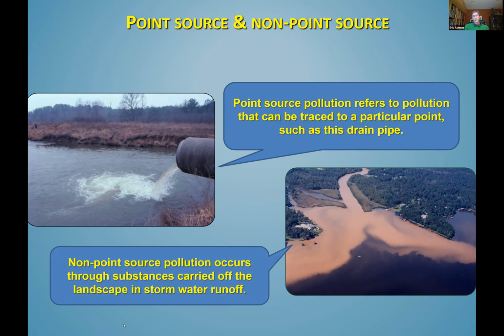And really, before there was any thought to controlling water pollution, there were a lot of point sources and a lot of non-point source pollution. Right now, most of point source pollution has really been identified and regulated and somewhat controlled, but non-point source pollution is still a big issue.